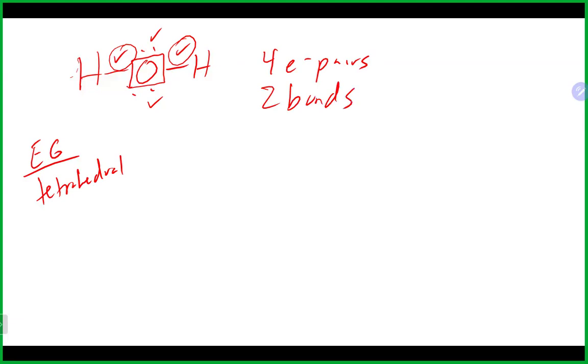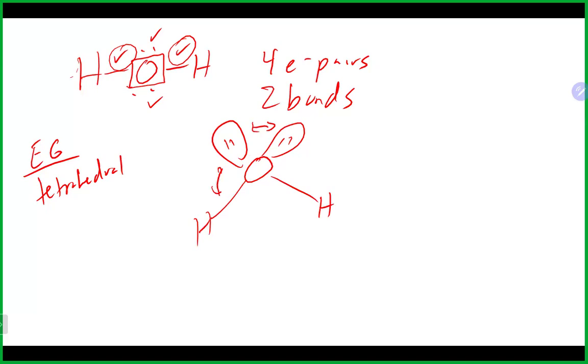In the case of water, all bad things are happening. We have non-bonding electrons near non-bonding electrons, which definitely do not want to be near each other. As they move away from each other, those hydrogens come out this way, also moving away, but not too close. And that gives us a molecular geometry of bent or V-shaped.